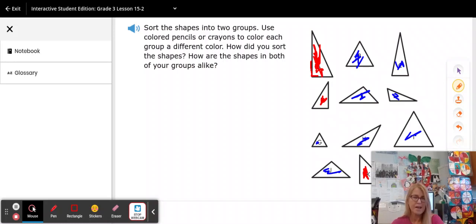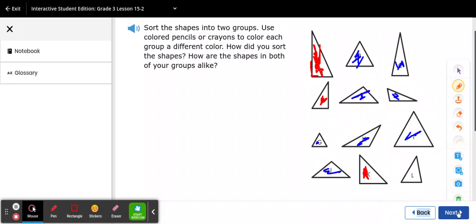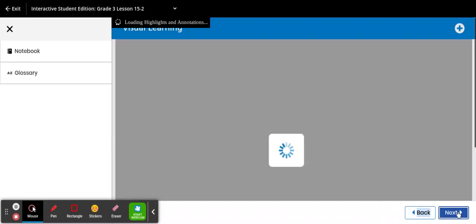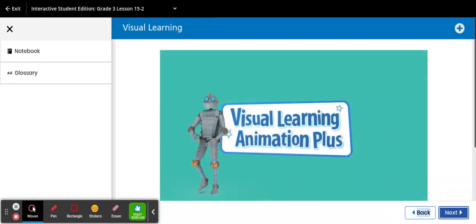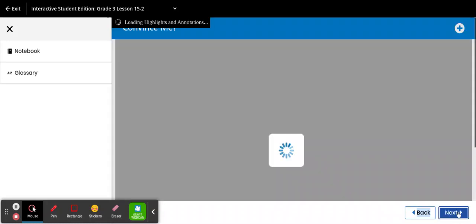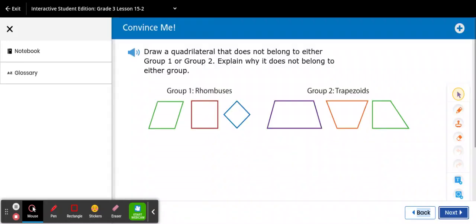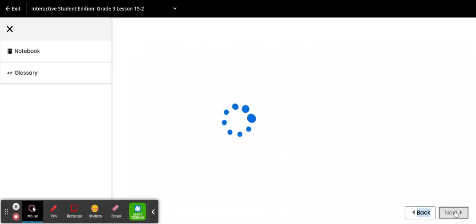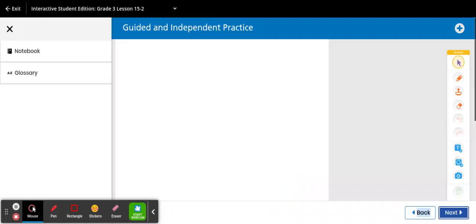I'm going to see if I can take myself away here and go to another page. All right, I think I can. Whoops, not that. Okay, let's look at another page in your book.